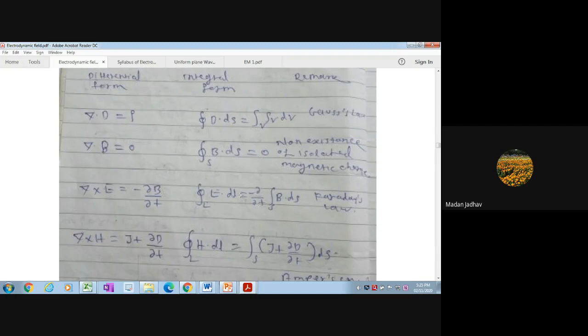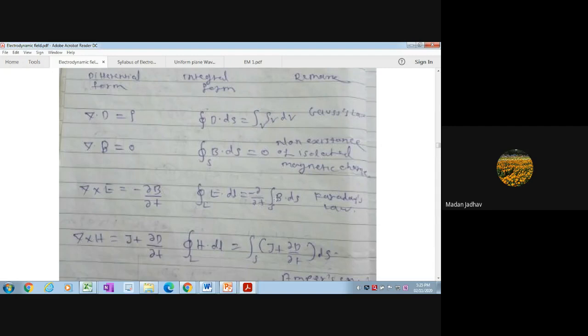Whenever you consider a specific loop and take the closed line integral along that loop, it is the same as the differentiation of the total flux passing through the surface.